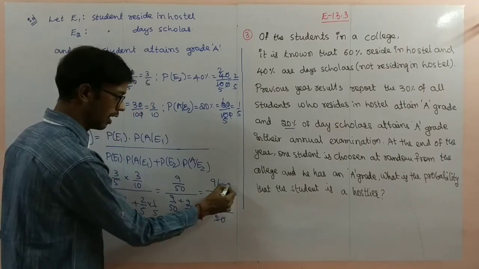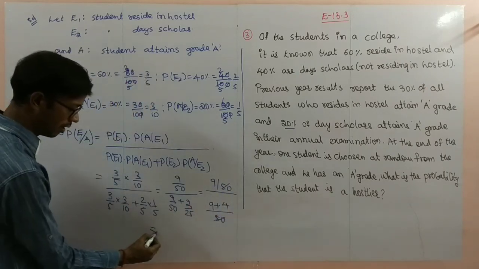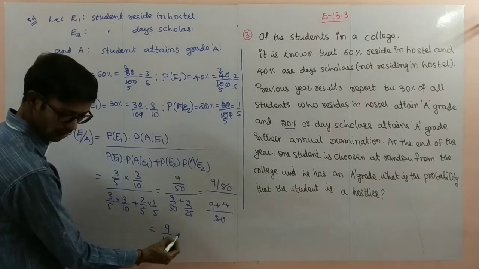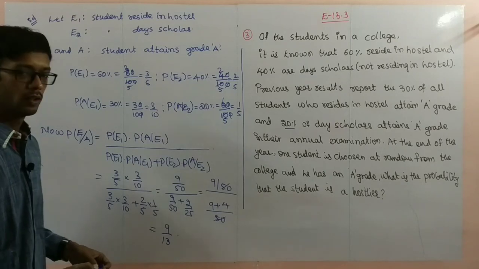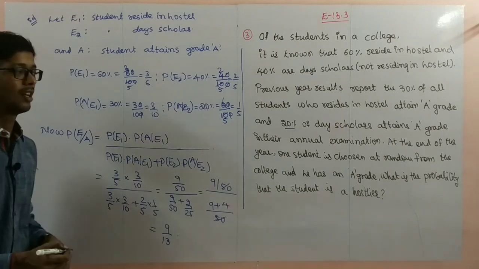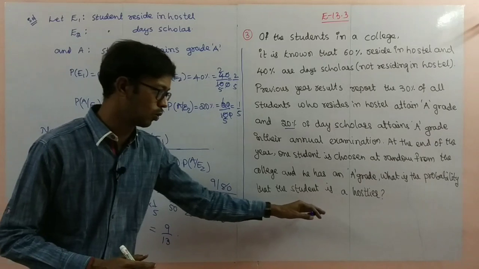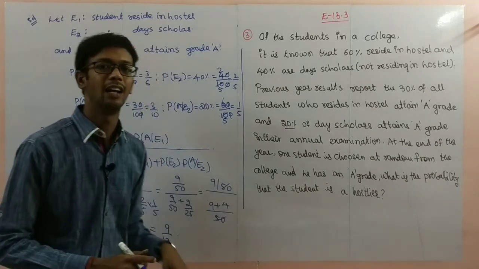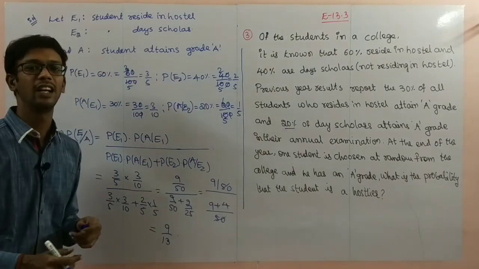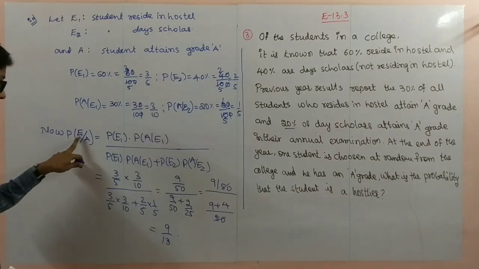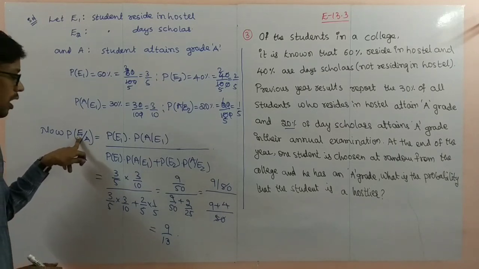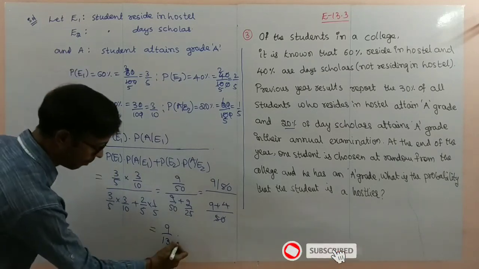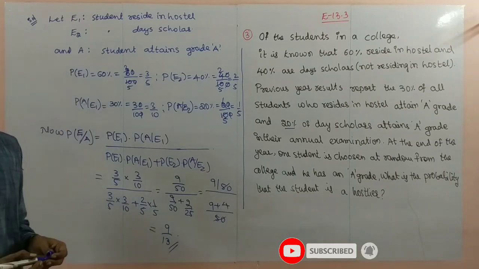So it cancels, and 9 by 13 is the required probability. So 9 by 13 is the probability that the student is a hosteler given that the person got grade A. So pause the video to note it down.